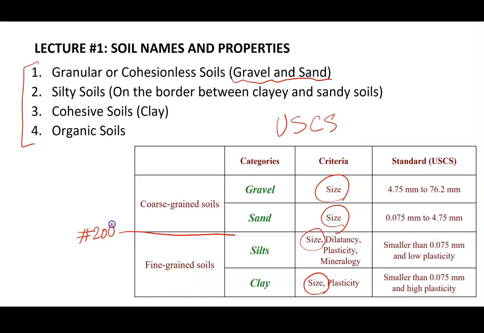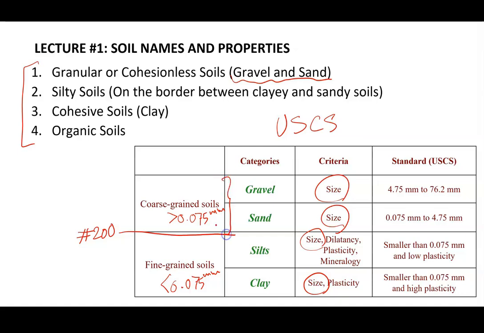Based on USCS, particles retained on sieve number 200, which means that larger than 0.075 millimeters are coarse material, and materials passing through sieve number 200, which means that they're smaller than 0.075 millimeters, are considered fine particles, and then we have fine grain soil.